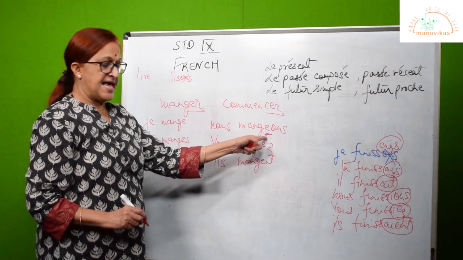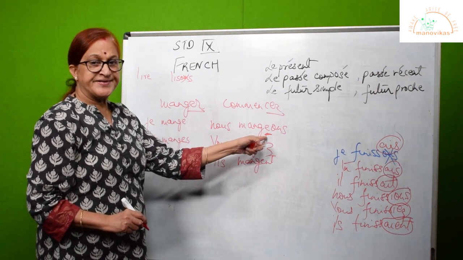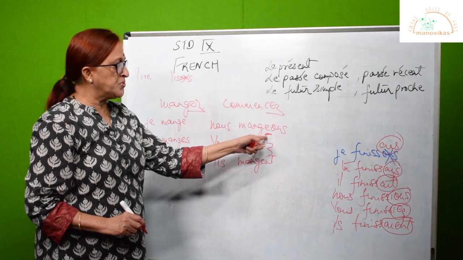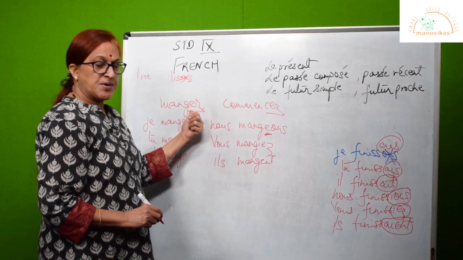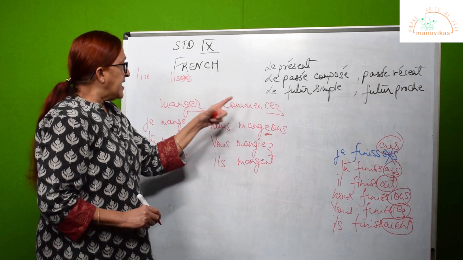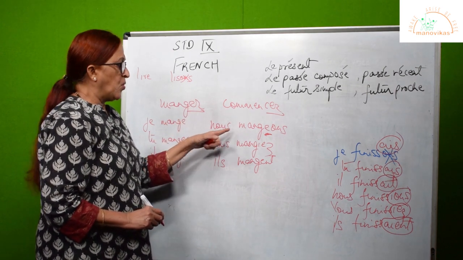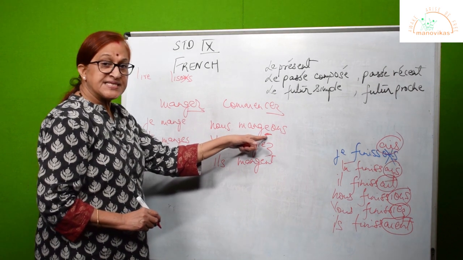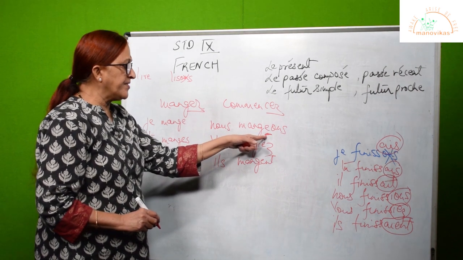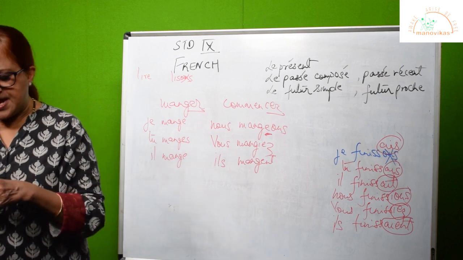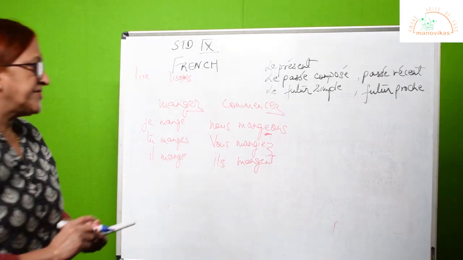There is a E, extra E which we had added. This was an exception to the rule when we learned GER verbs. So, in my imperfect, the nous form is very important. So, we'll have to consider this E. So, when I form the imperfect of manger, I will have to consider that E.